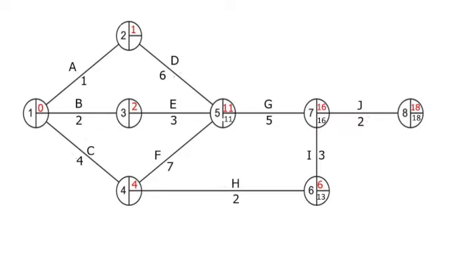Now node 4 has both activities F and H again, so consider which LFT avoids delay. So if we went with 13 minus 2, then LFT would be 11. But then that would delay 7, so it'd have to be 4.